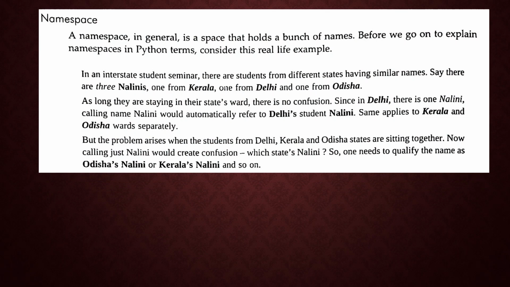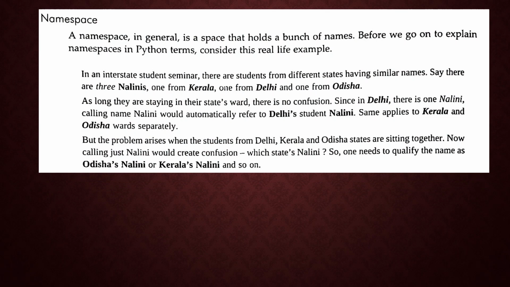See, in an interstate student seminar, for example, there are students from different states having similar names. Say there are 3 students having the same name, Nalini, one from Kerala, one from Delhi, and another from Odisha.